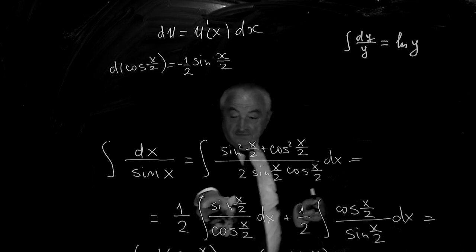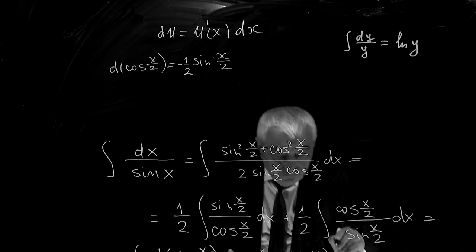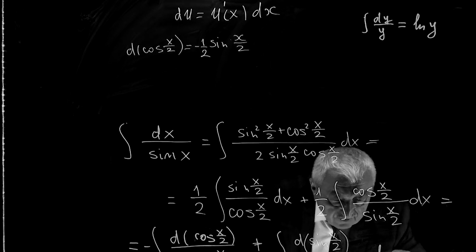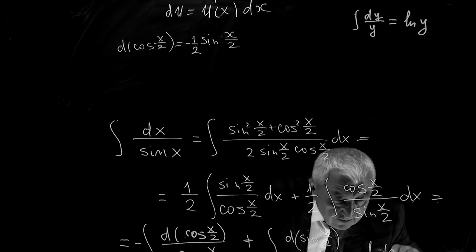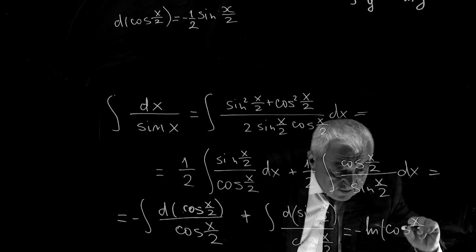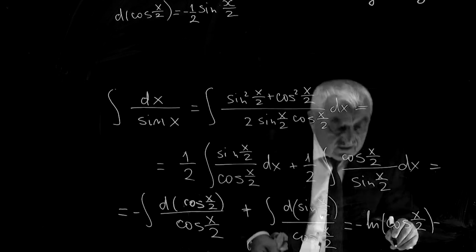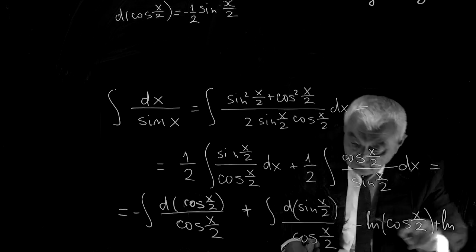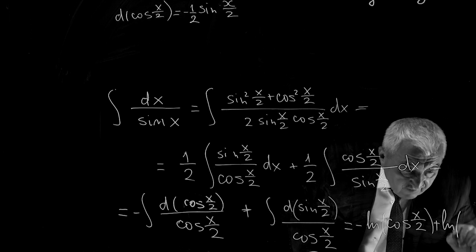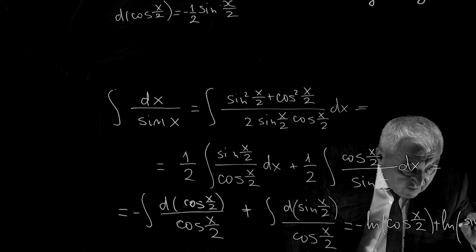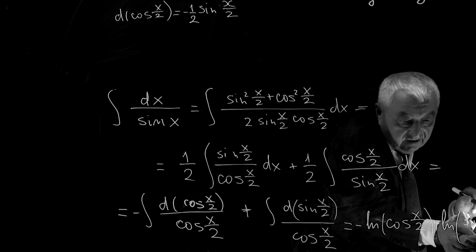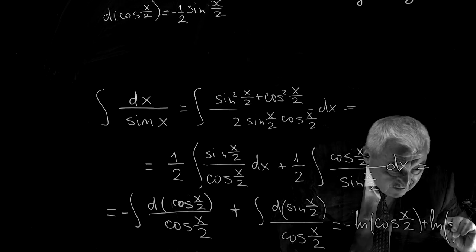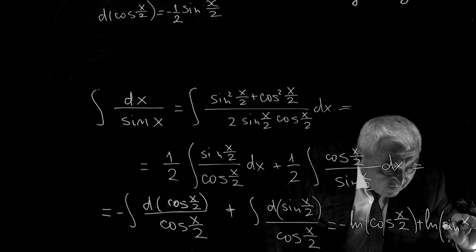We have the logarithmic function is equal to minus logarithm of cosine x divided by 2 plus logarithm of sine x divided by 2. Very interesting integral, sine x divided by 2.